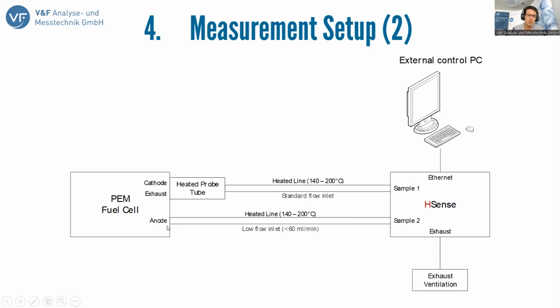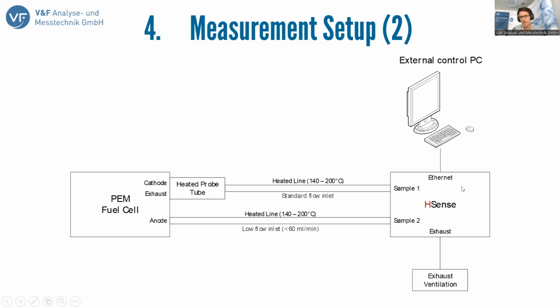Since the anode side of PM fuel cells is typically running at an elevated pressure, we cannot introduce a very large leak and just take all the gas out from the anode, because this will influence the operation of the fuel cell. So we have designed a special inlet which has a very low gas consumption. It's always lower than 60 milliliters per minute, even if the anode pressure goes up to 5 bar gauge.